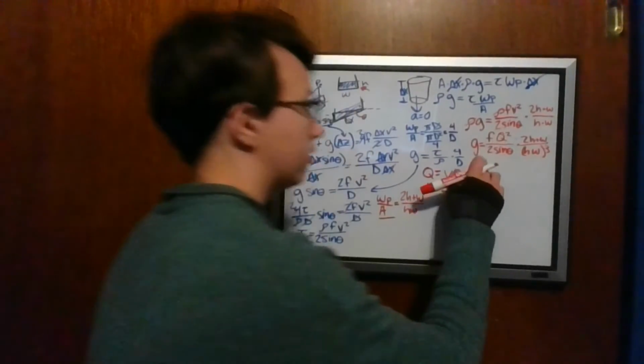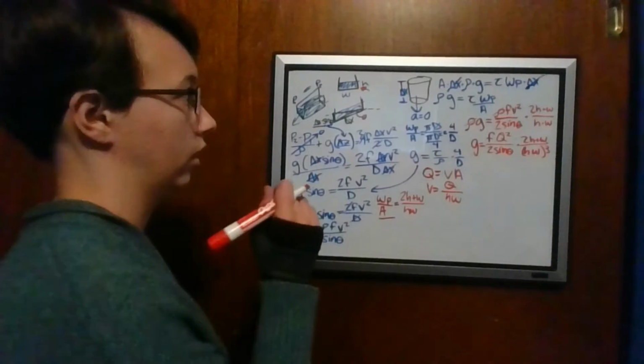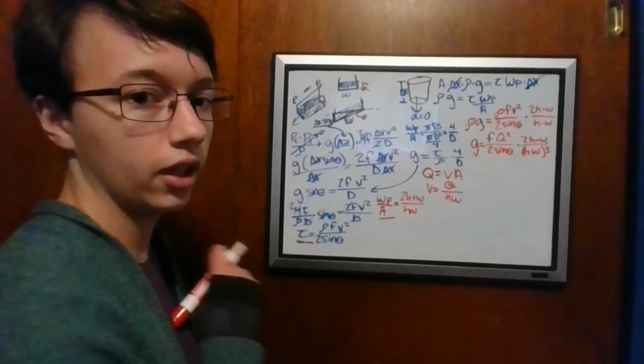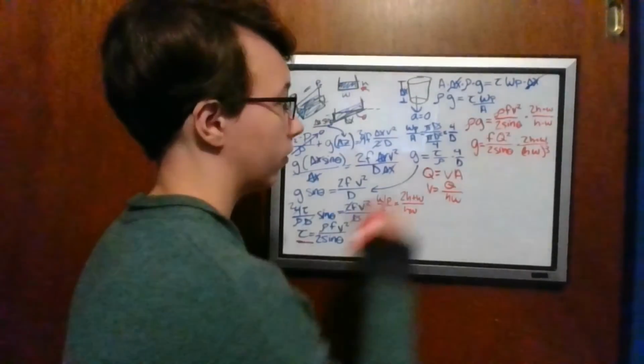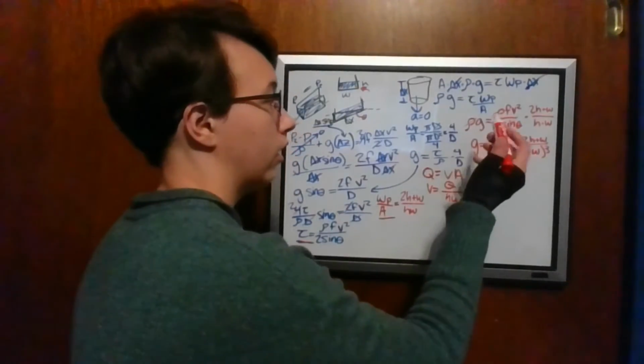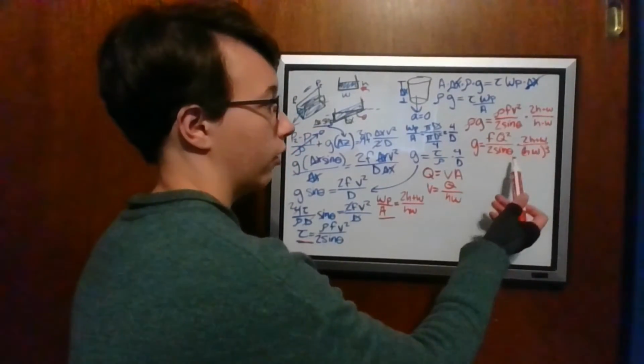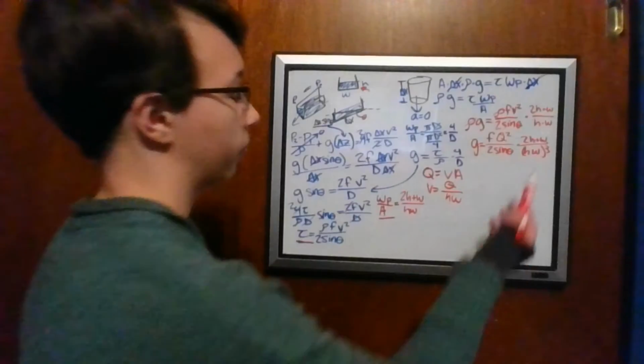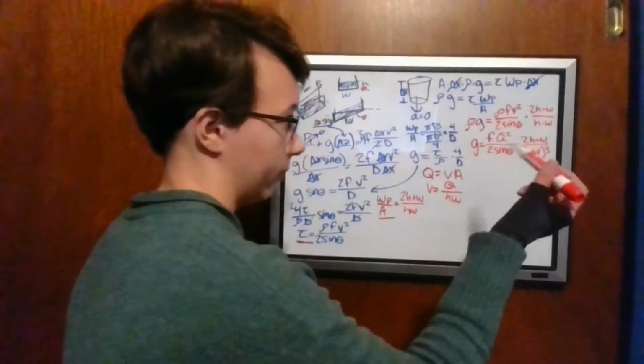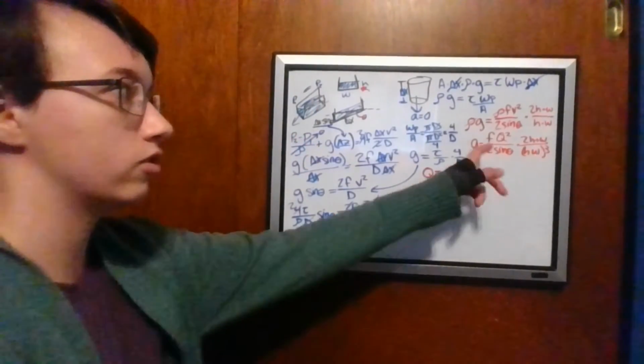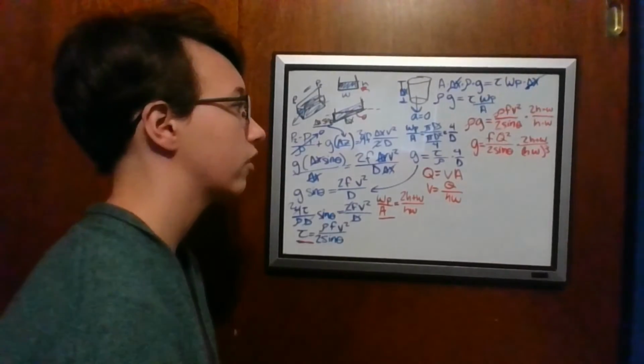Alright, so this is the main equation that we're going to use to get at the height of the fluid in here. Because we know acceleration due to gravity, we know the flow rate, we know theta, we're going to find h, and we know w. The only other thing we need to worry about is our fanning friction factor.